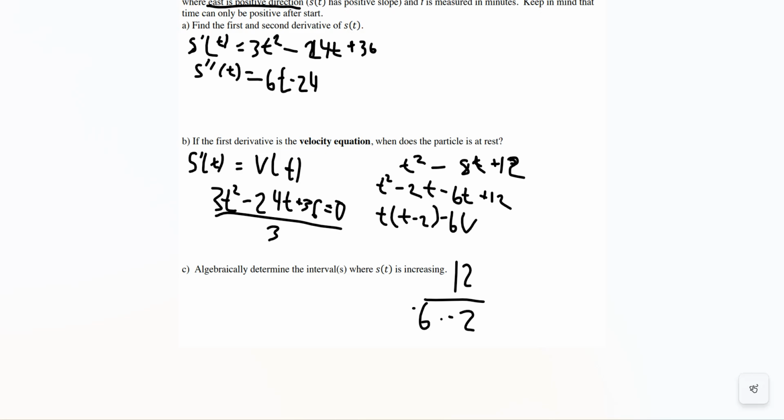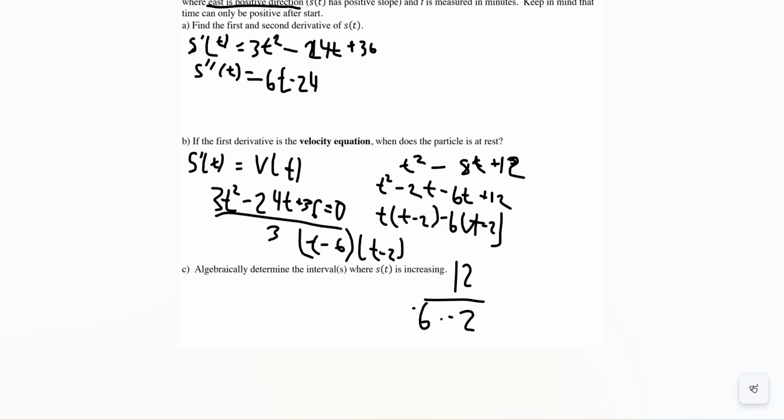So now that we have that, this is going to be t minus 6 times t minus 2, just by factoring.